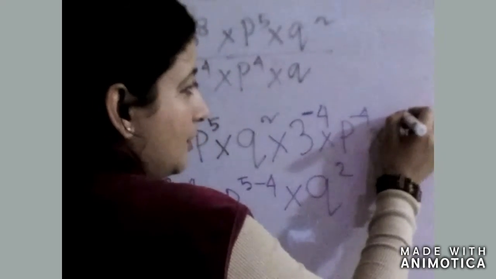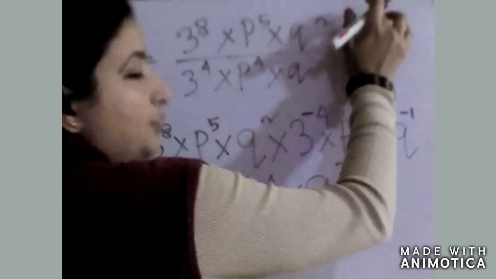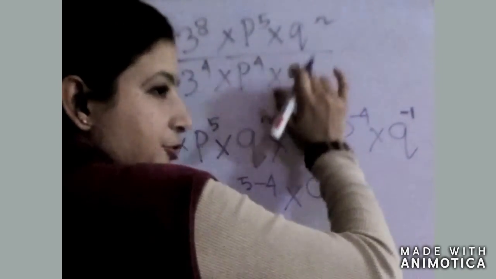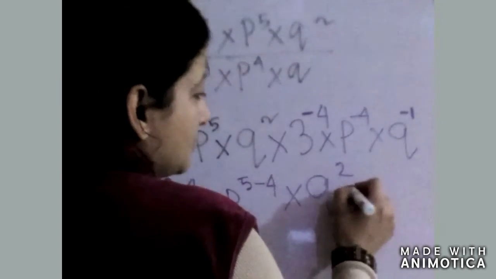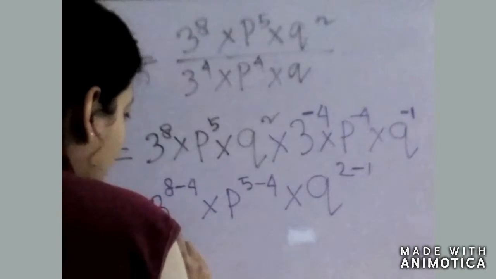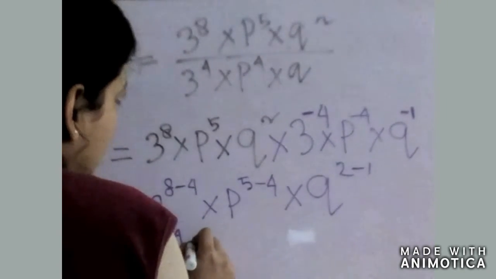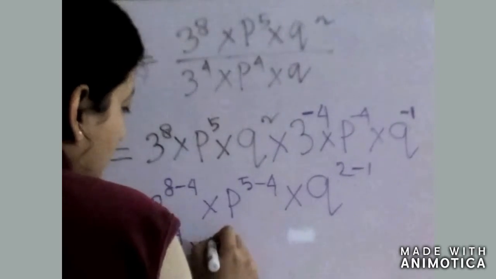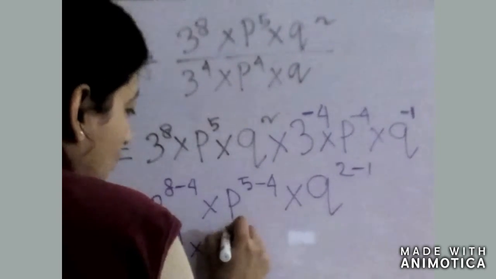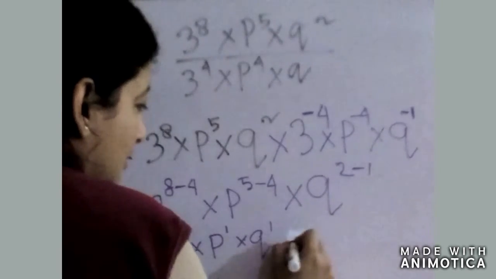Sorry, here I forgot to write the minus sign, but it will be minus because it is coming from the denominator to the numerator, so it will be minus 1, and then it will be 3 to the power 4 into p to the power 1 into q to the power 1.